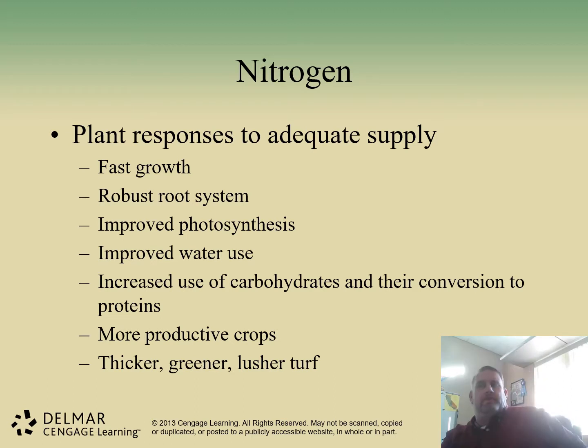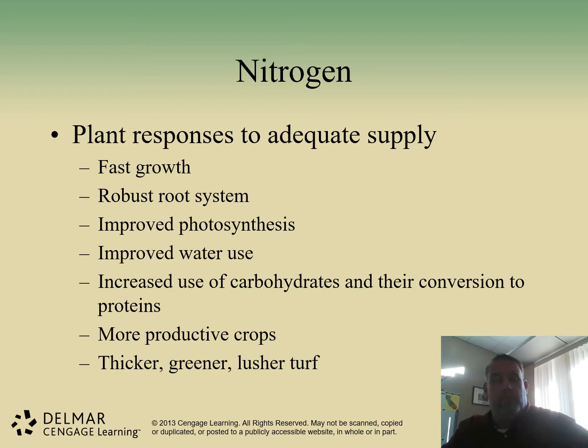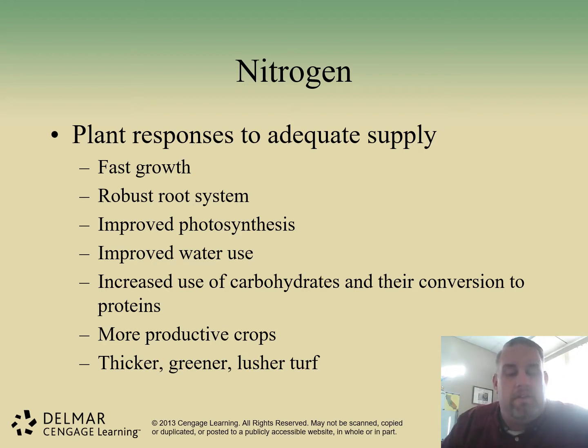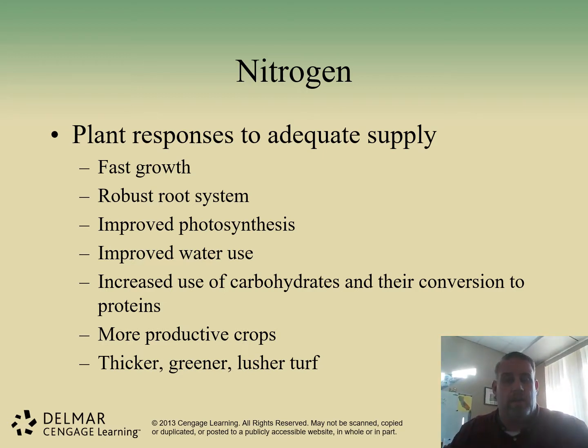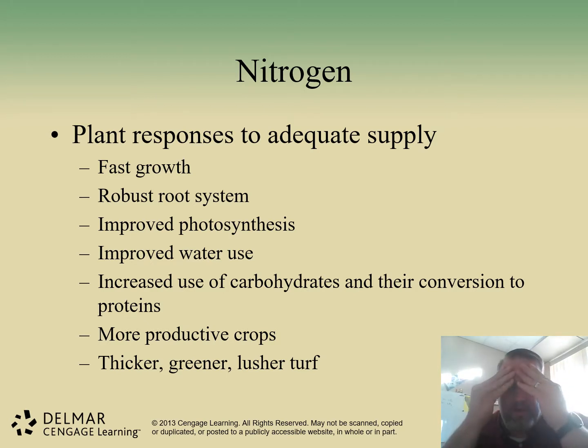Nitrogen is obviously the most important nutrient needed for plant growth. And when we are discussing nitrogen, basically these sources of nitrogen are used for fast growth. It can provide a robust root system.